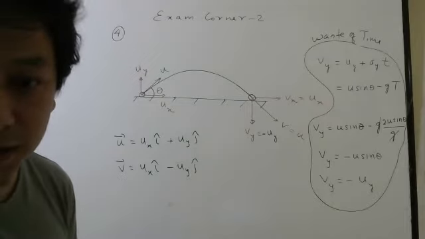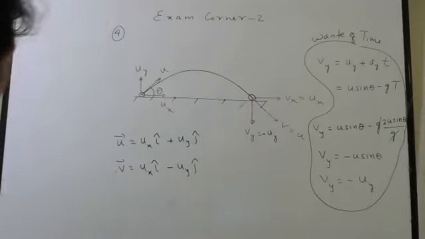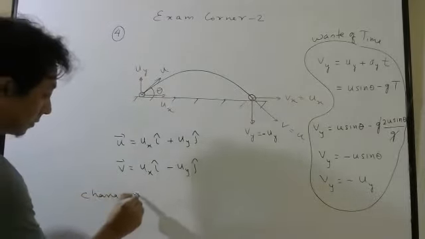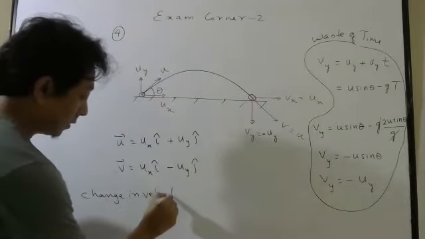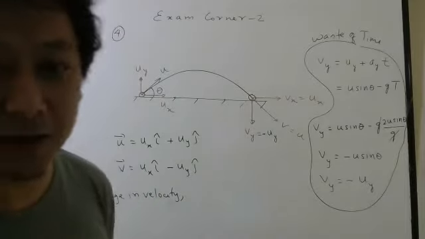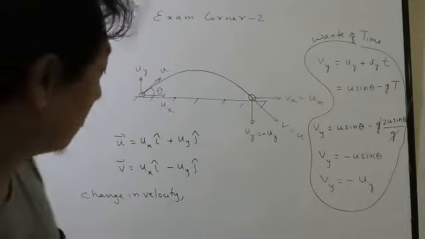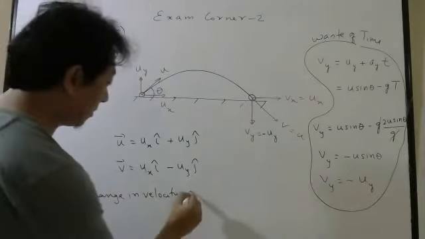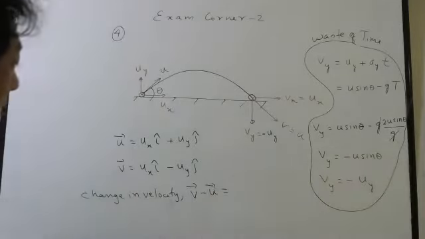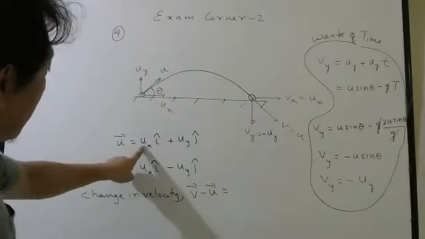We are writing change in velocity. Okay. So now the question was to find change in velocity. Change in any quantity is always final value minus initial value. So final value minus initial value. Can you see what will happen? This and this will cancel, right?